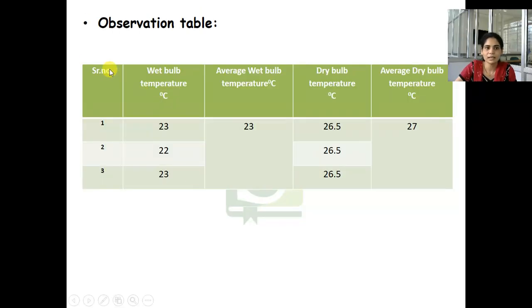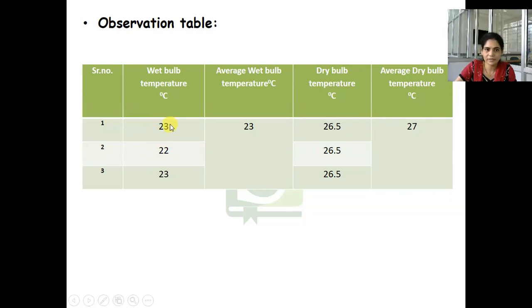So now this is the observation table. It consists of the serial number, then the wet bulb temperature column, then the average wet bulb temperature column, then the dry bulb temperature column, and then the average dry bulb temperature column. As I told you, we perform this experiment three times.